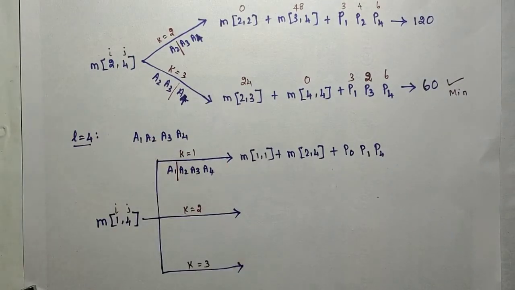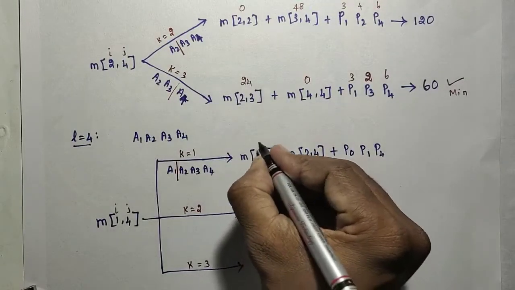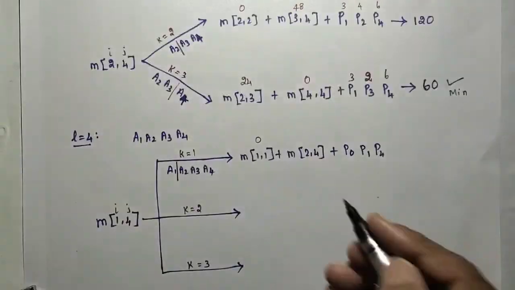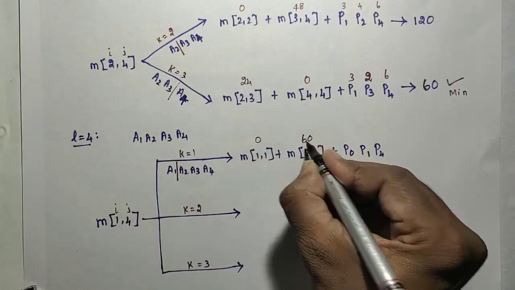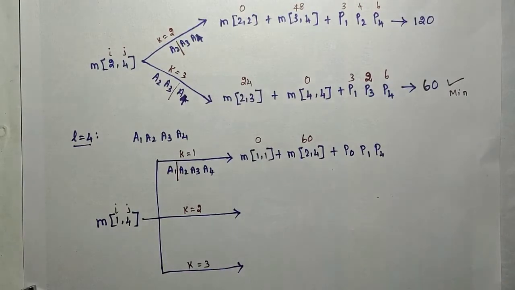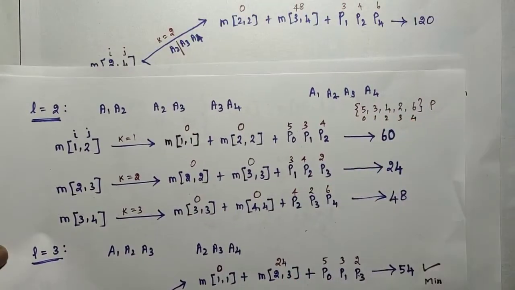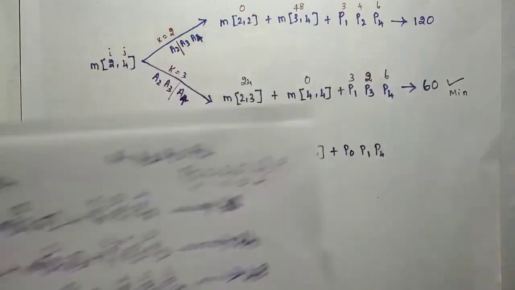That value will be taken from the table. m of 1 comma 1 will be 0, 2 comma 4 is 60 multiplications needed, and p0, p1 and p4, 5 3 6.